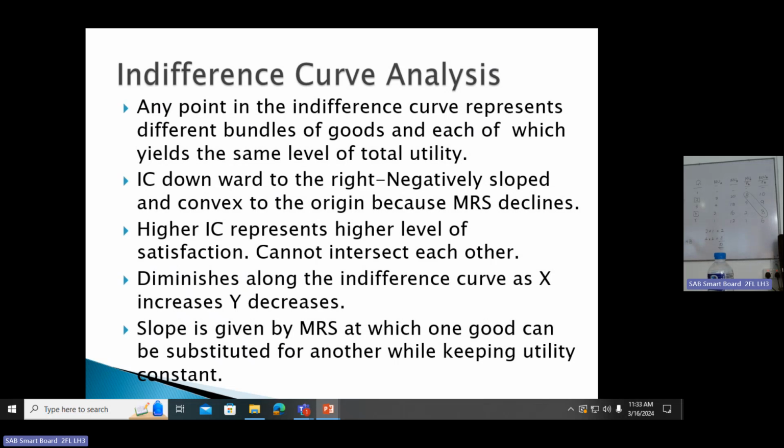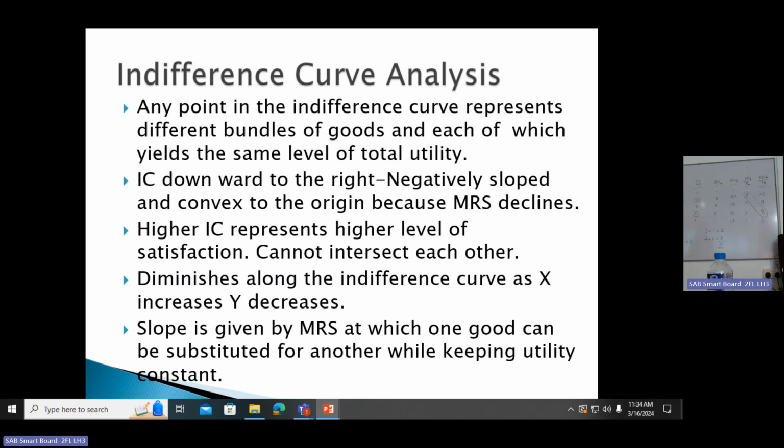Any point on the indifference curve gives us the same level of satisfaction. It explains the different combinations of goods the consumer is willing to buy, which give the same level of satisfaction.